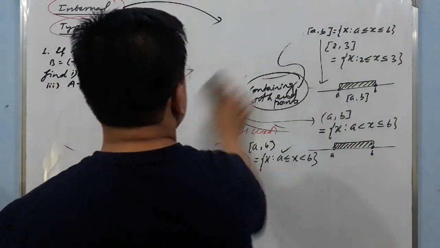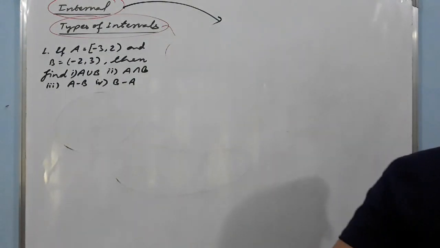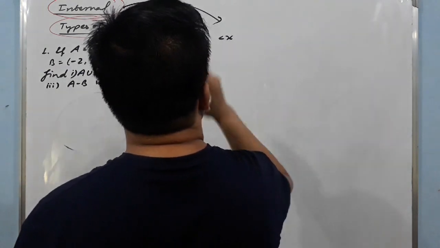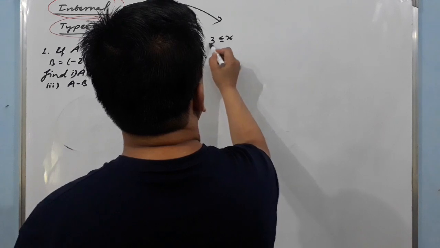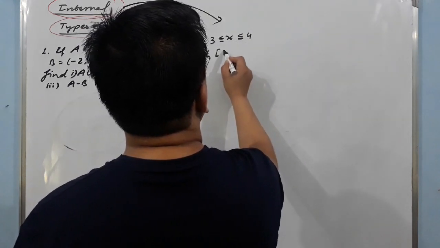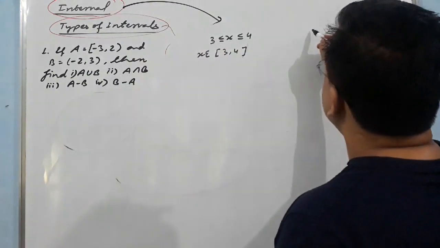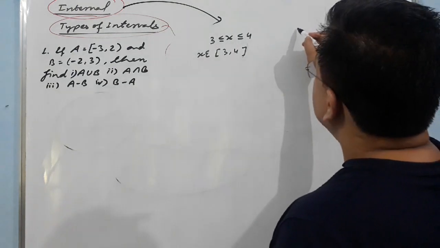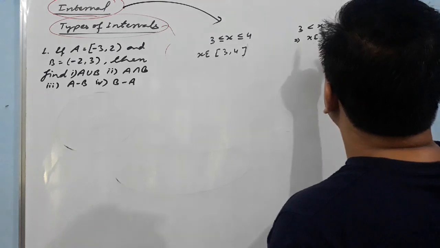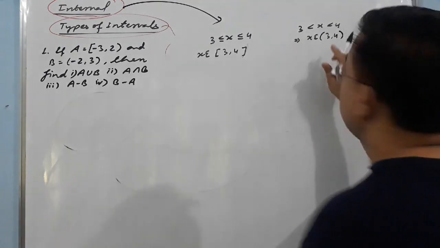Before solving this question, let me tell you something about intervals. If I write x like this, 3 ≤ x ≤ 4, this means x belongs to 3 comma 4, closed interval. And if I write 3 < x < 4, this means x belongs to 3 comma 4 open interval.